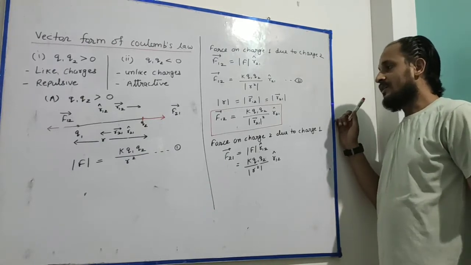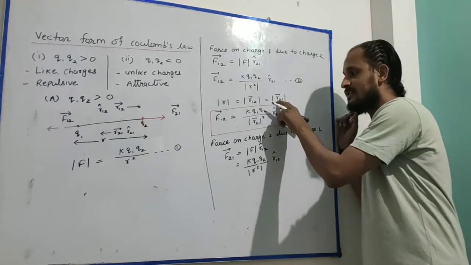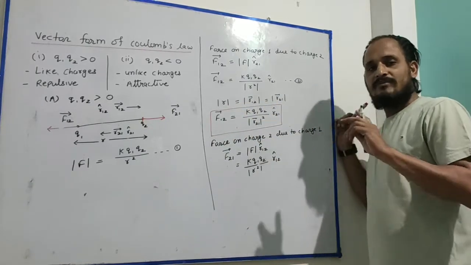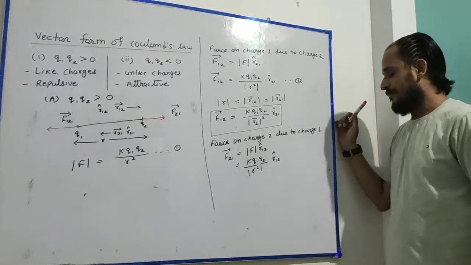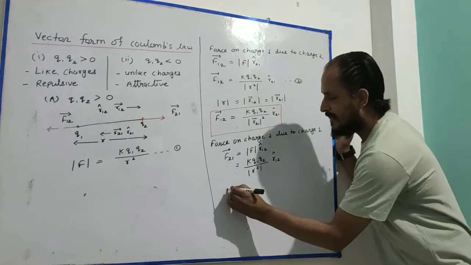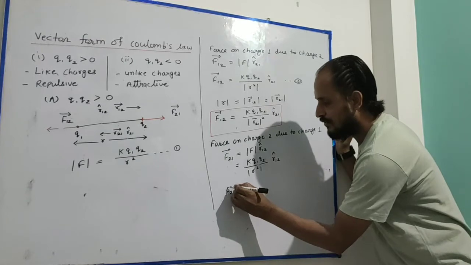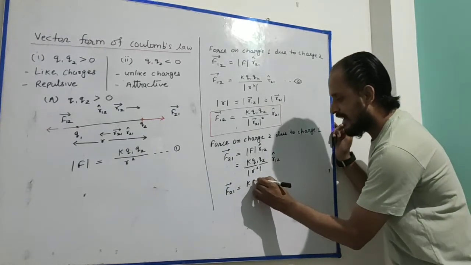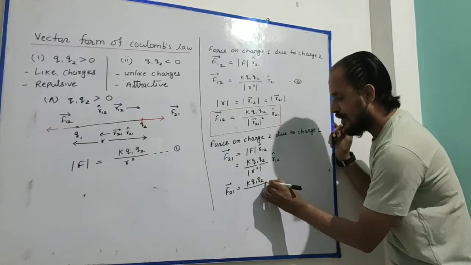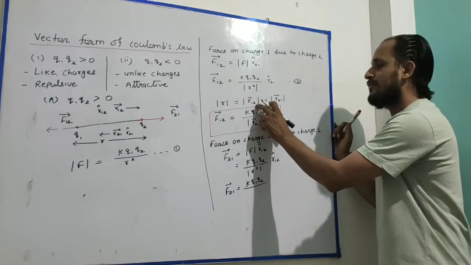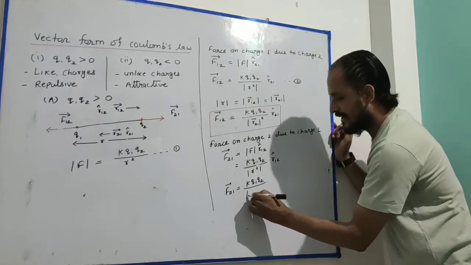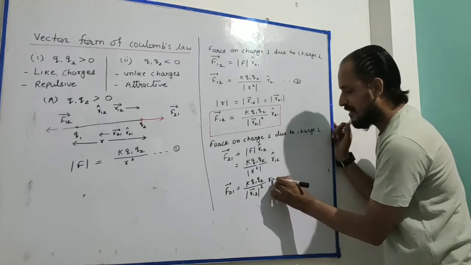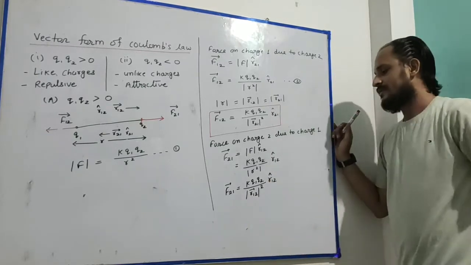Here remember that the magnitude of both the displacement vectors and R are the same, because the direction of the vector is different, but its magnitude is the same. What we can put here: F21 vector is equal to K Q1 Q2 upon, instead of R we can put R12 vector magnitude, R12 vector magnitude square R12 cap.